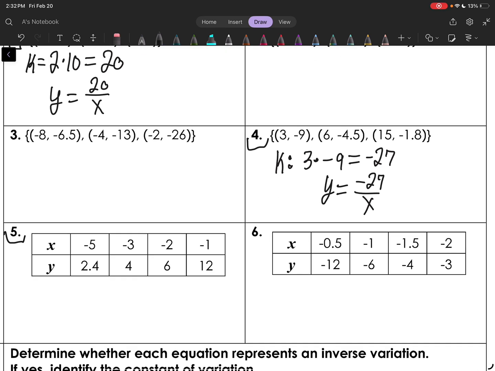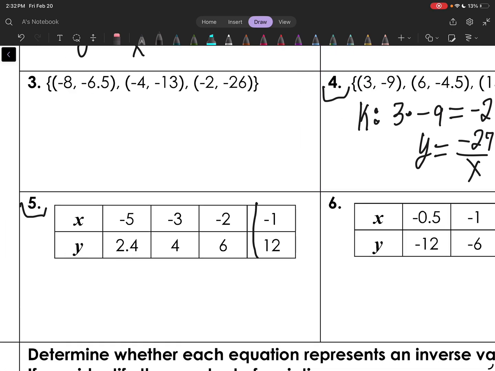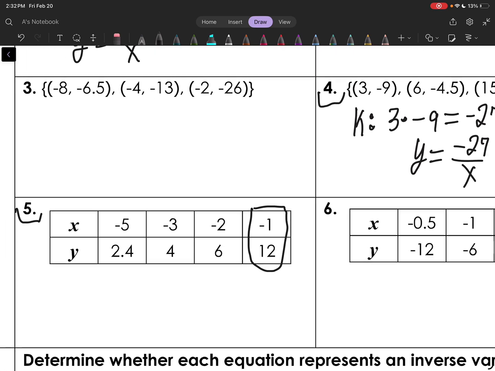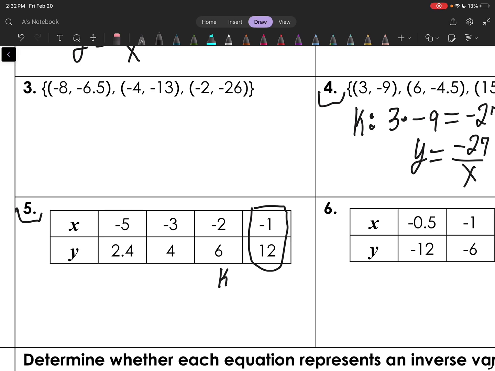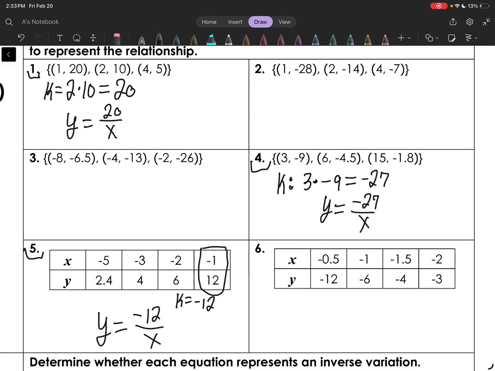If we look at the table version, I'm going to do number 5. I'm going to use the last two numbers. K is equal to negative 1 times 12, so negative 12. Y is equal to negative 12 over x. Try 2, 3, and 6.